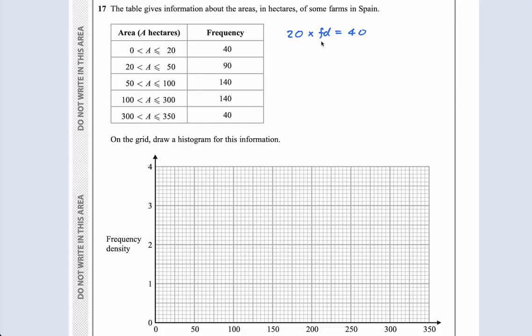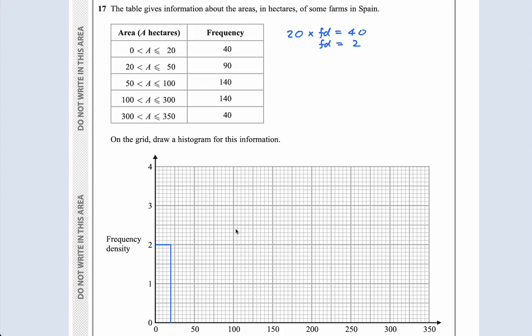So that frequency density equals 2. That is for the first one. So I go to 20, which is here, and he's going to go up to 2.